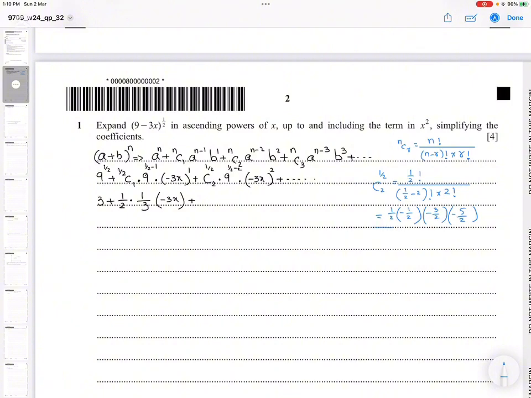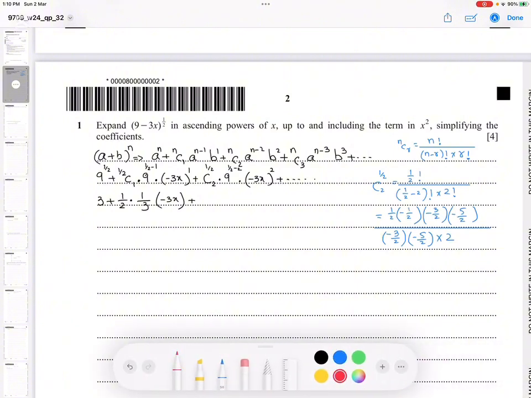Stop here, and 1 over 2 minus 2 is minus 3 by 2, and its factorial is, you subtract 1 from minus 3 over 2, you get minus 5 by 2, times the factorial of 2 which is 2 into 1, which is 2.